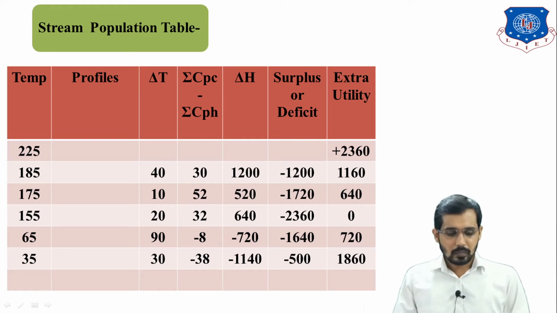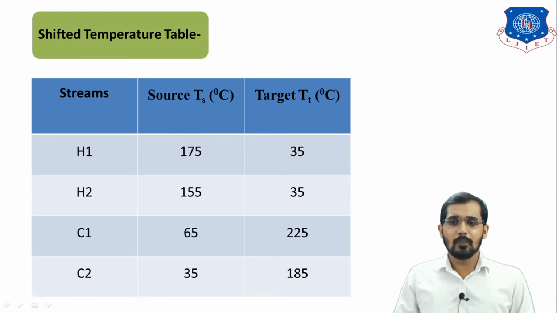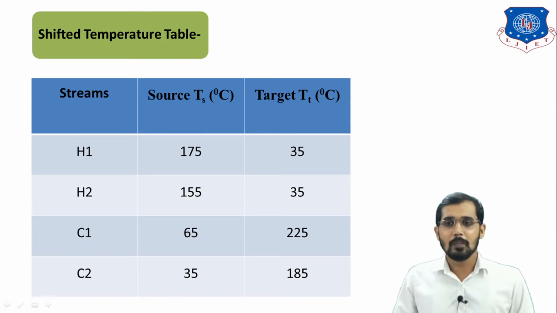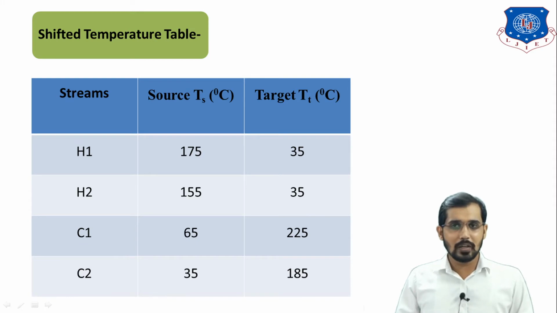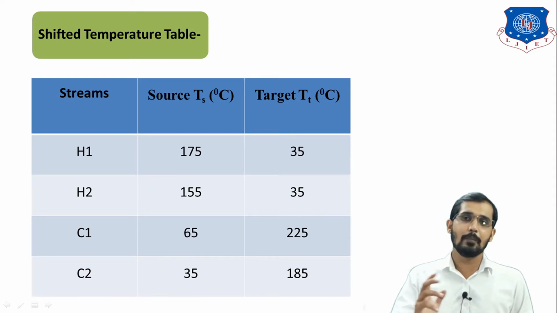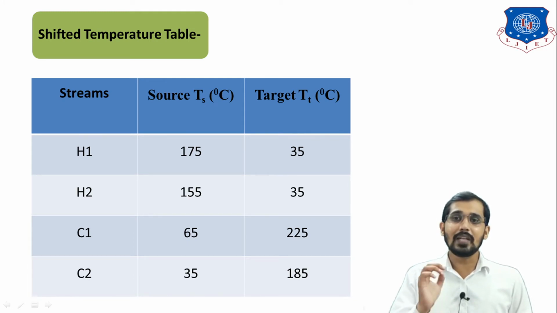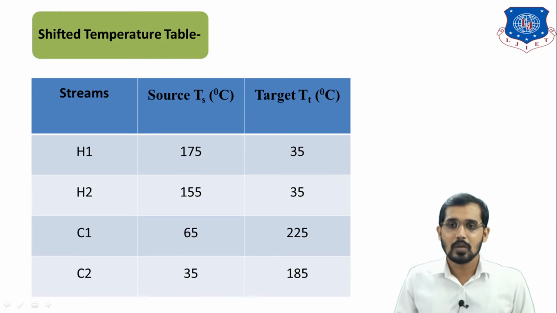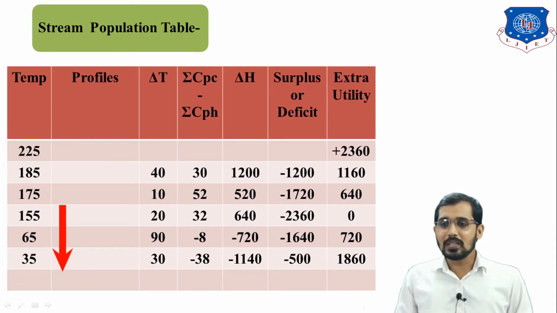Now the H1 stream is flowing from 175 to 35, meaning the source temperature is 175 and the target temperature is 35, flowing from the higher temperature to the lower temperature, because we know it always flows from higher to lower temperature. Now I am going to draw the heat profile, that is the temperature profile for the H1 stream, from 175 to 35. You can see in this table, 175 to 35. This is the temperature profile for the H1 stream.